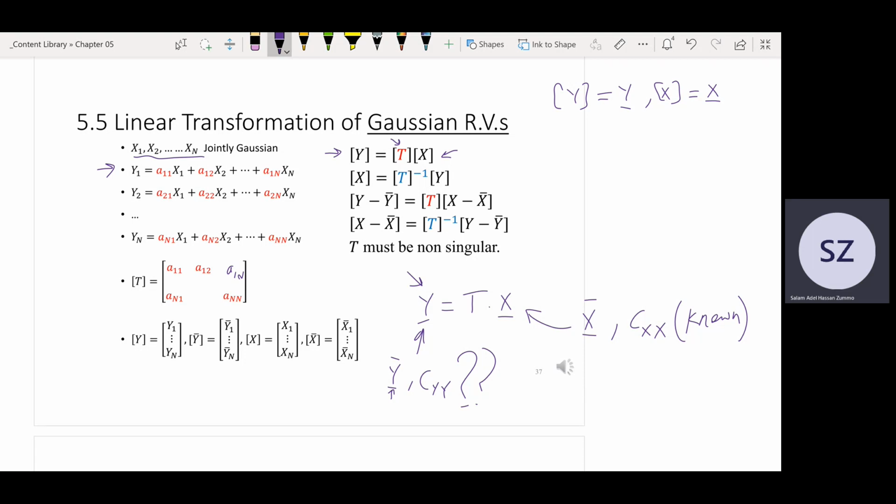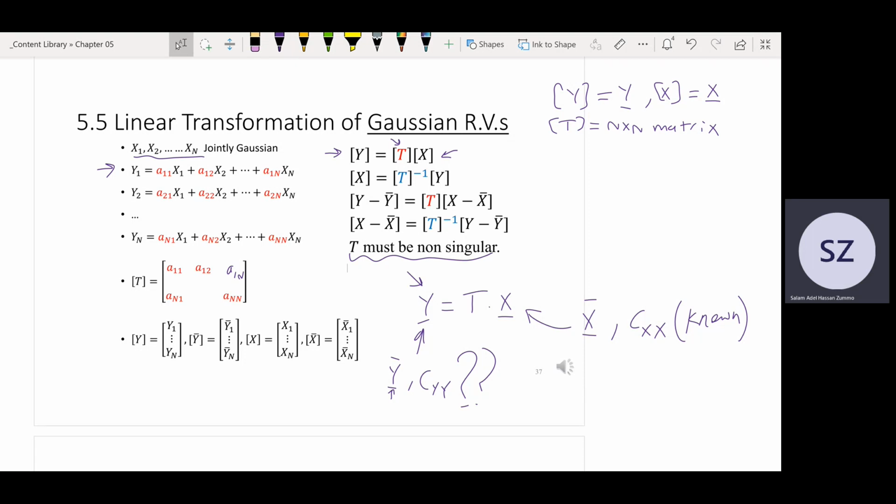So all these brackets mean vectors, or matrix. T here is a matrix, an n by n matrix. Now Y is the transformation matrix multiplied by X. Then X is the inverse transformation matrix multiplied by Y. And of course you know that T should be non-singular.